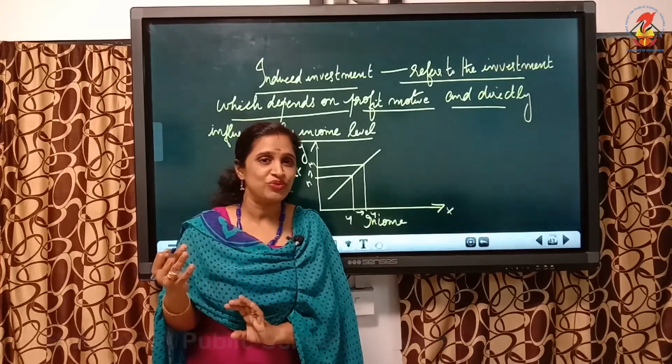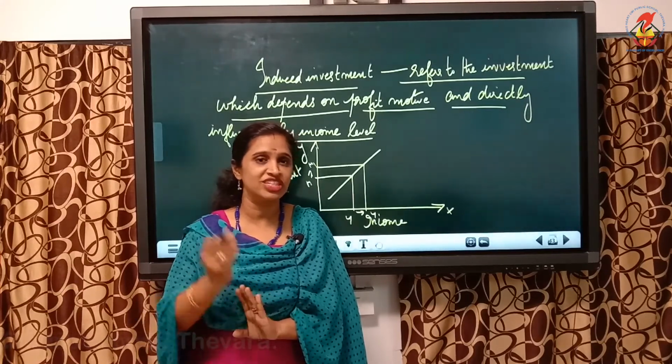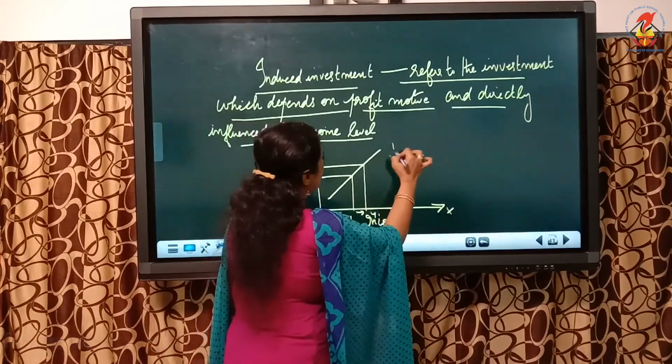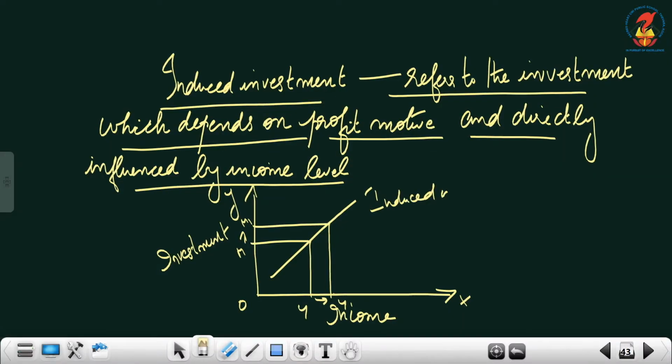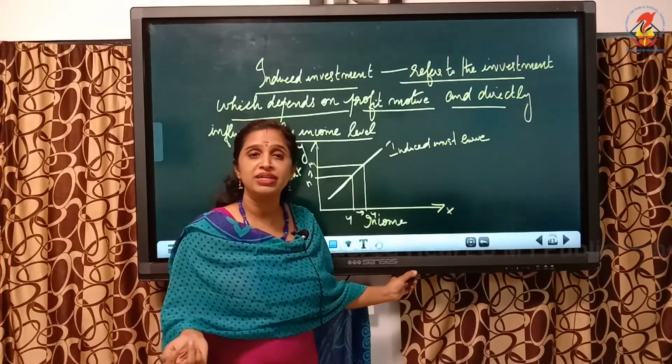Any two variables which have a positive relationship, you will get an upward sloping curve. So that kind of curve I have drawn here. This is the induced investment curve, INVST, short form for investment. You can see this is an upward sloping curve. Why is it an upward sloping curve? Because there is a positive relationship between income and investment.